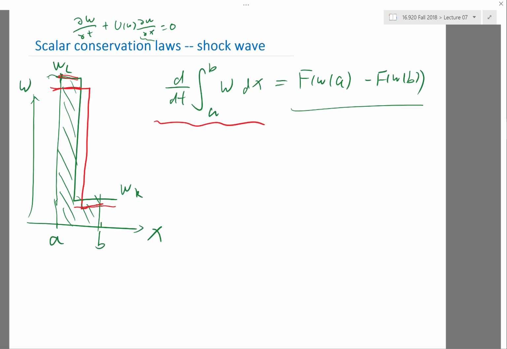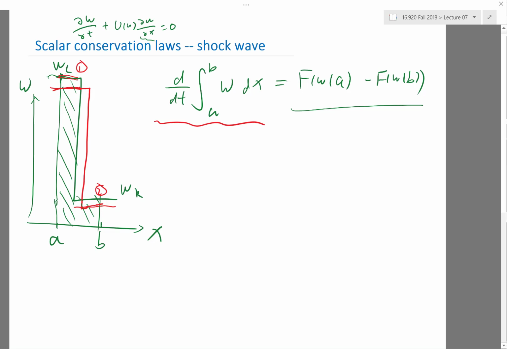The magnitude of the shock is fixed. It doesn't depend on whether I shrink the region A and B. The first and second contributions go smaller and smaller, but the contribution from the movement of the shock is not going to go any smaller. So let's imagine the complete contribution is from the movement of the shock.